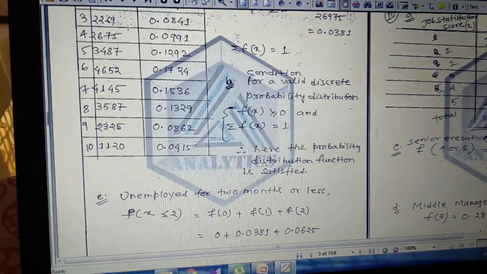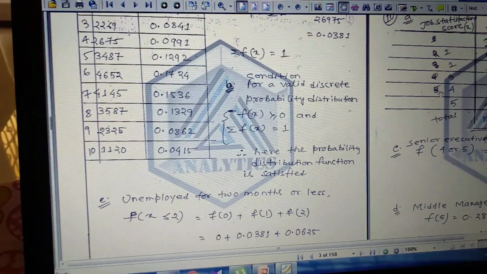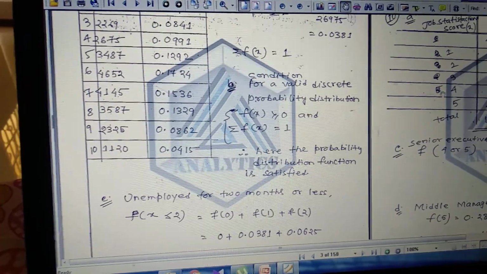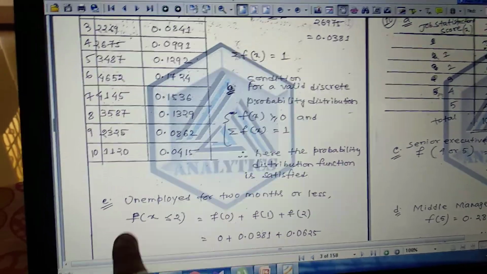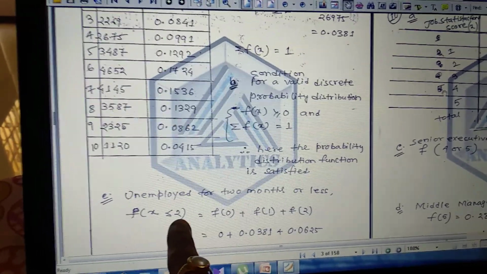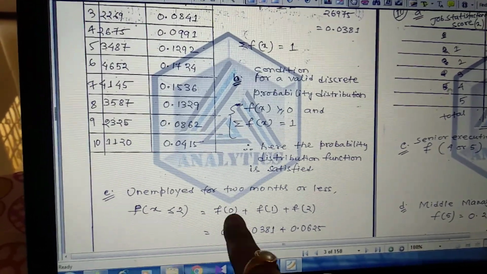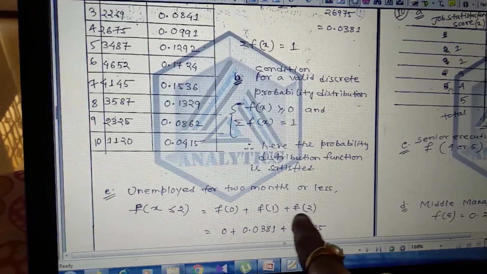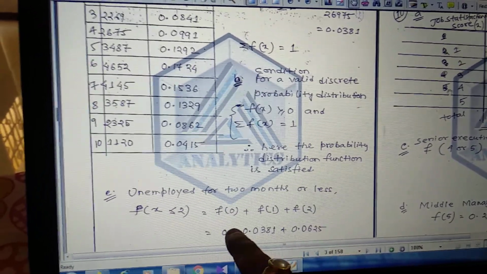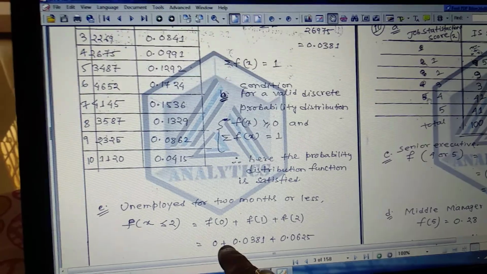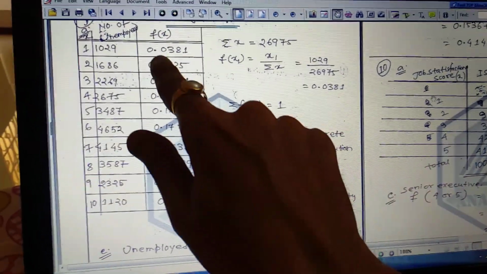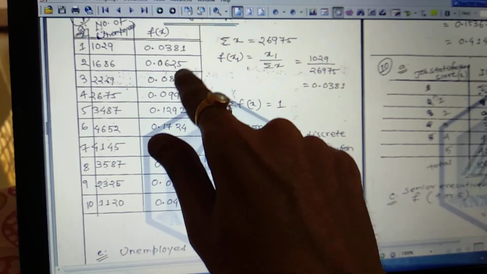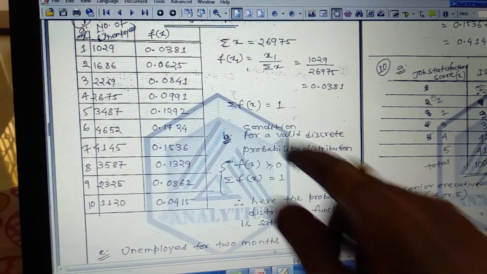In the third part, we have to find the probability of an unemployed person for 2 months or less. That means P(x ≤ 2), so we have to find f(0) plus f(1) plus f(2). f(0) is 0. f(1) is 0.0381. f(2) is 0.0625.